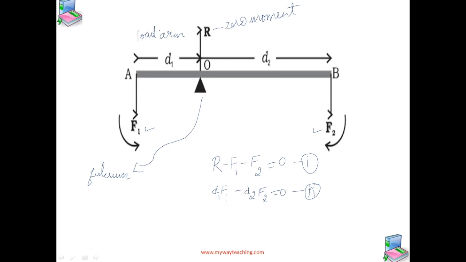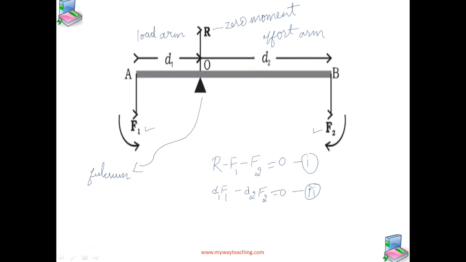The force F2 is the effort applied to lift the load, and d2, the distance of the effort from the fulcrum, is the effort arm. Just remember the seesaw game, you'll get that.